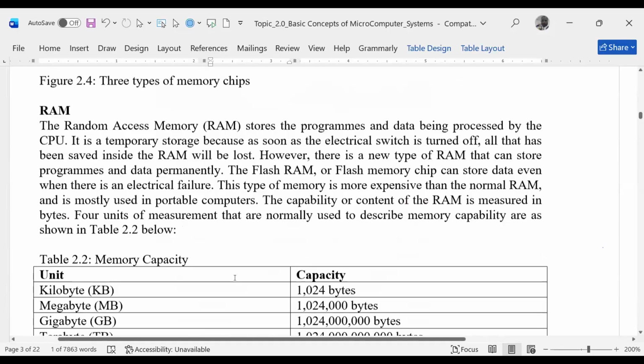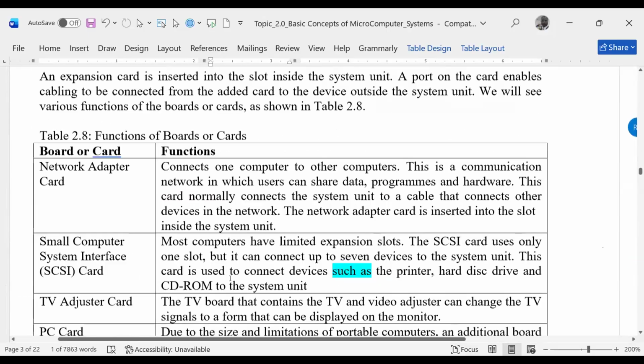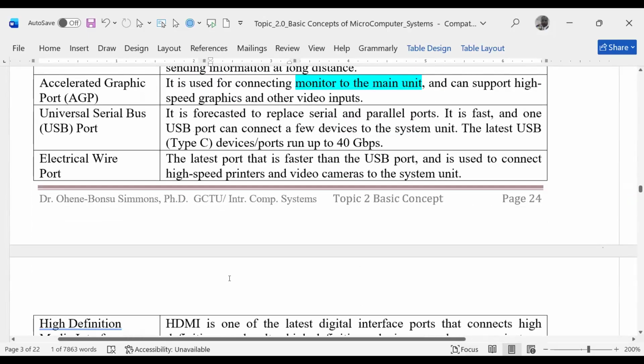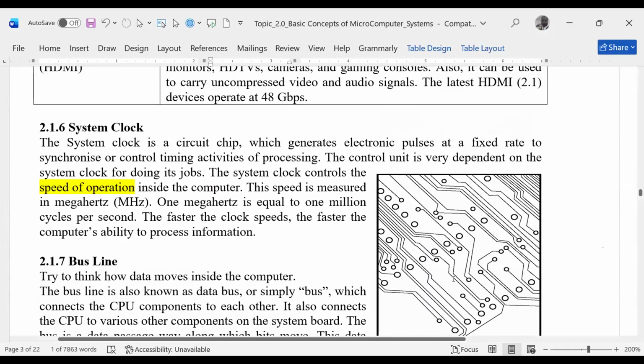And this is how the bus looks like. There's a bus here. See the number of lines. These are the bus lines or lanes. They connect different devices. Assuming there's one device here and another device here, the bus connects them together.